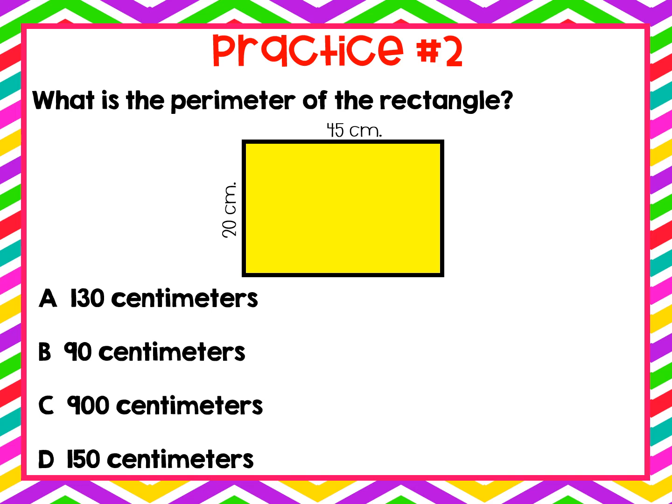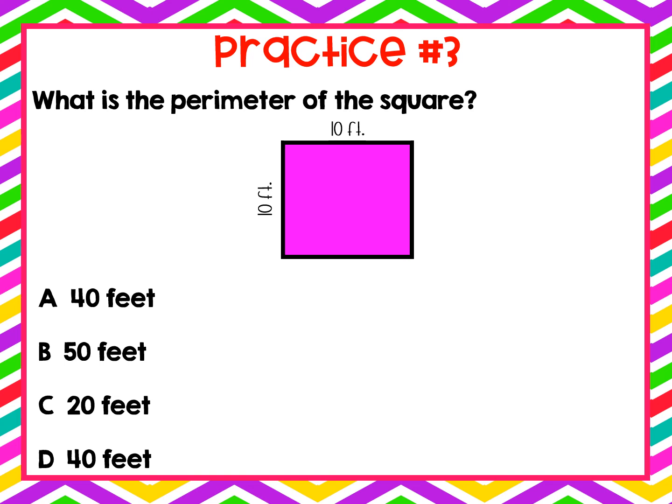Go! Practice number 3. What is the perimeter of the square?